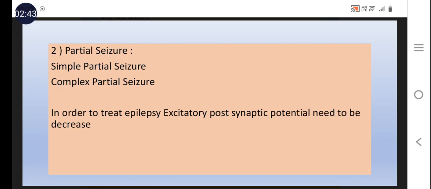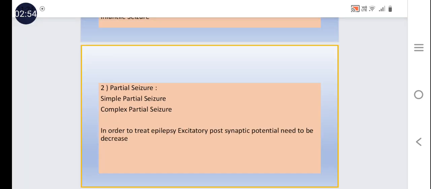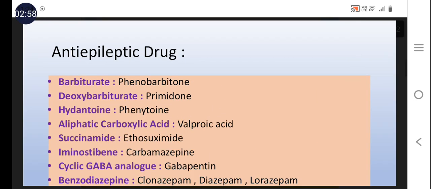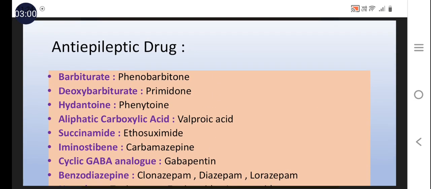So the overactiveness of the brain, or as we say, the neuro hyperactivity disorder, needs to be controlled, and this is done by anti-epileptic drugs. Those drugs that are used in the treatment of epilepsy are called anti-epileptic drugs.